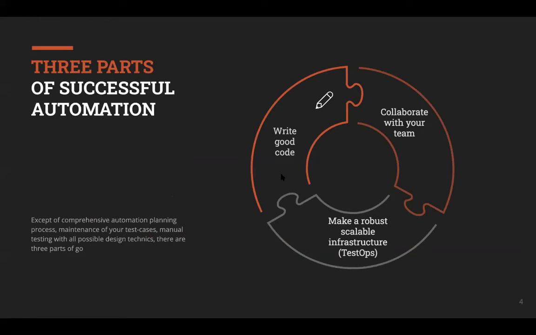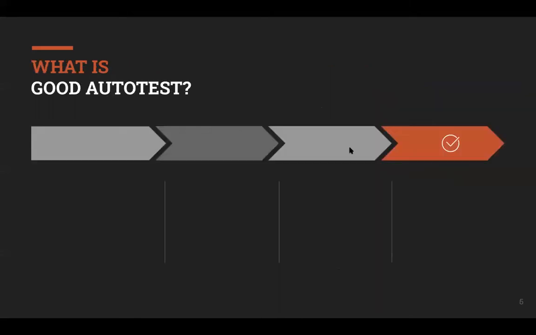It's the TestOps part, for example, setting up Jenkins and CI/CD pipelines, using Docker and something like that. Today we are going to discuss the part about writing code, and I hope that design patterns will help us, and you, of course, to write good code.